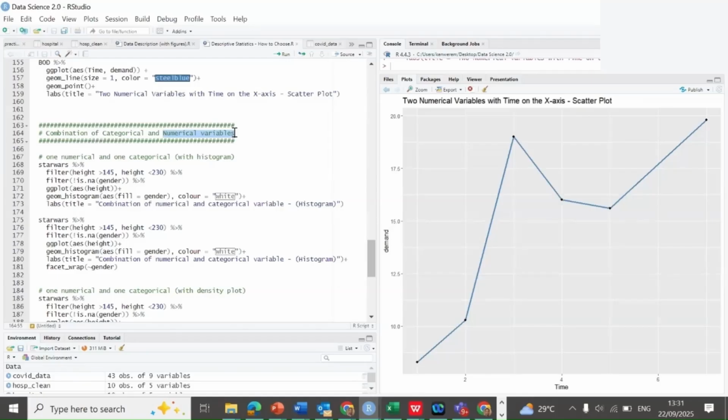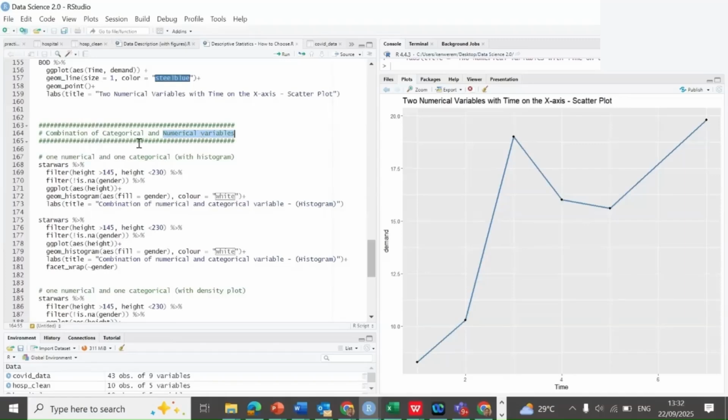What else? One more. Okay, the other one is a density plot. So you can use a histogram, a box plot, or a density plot to describe one numerical variable.